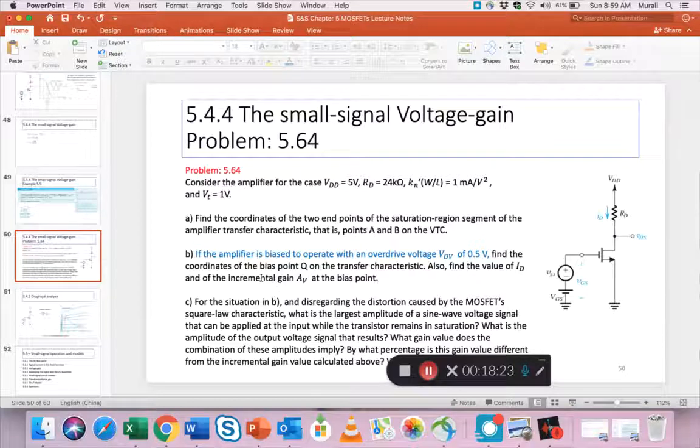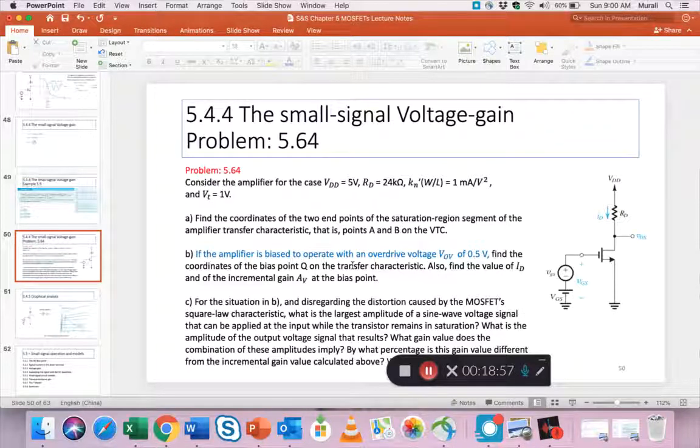And in part B, he gives us a little more detail and says, if the amplifier is biased to operate with an overdrive voltage of 0.5 volts. So instead of giving us the biasing coordinates, that means the input VGS and the output VDS, or even the biasing current ID, he gives us the fact that the overdrive voltage is 0.5.